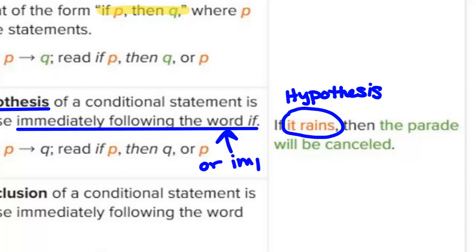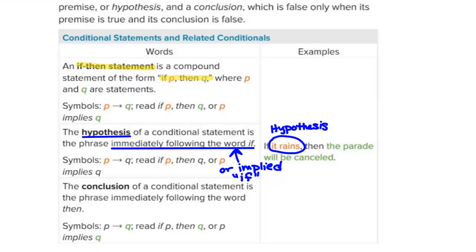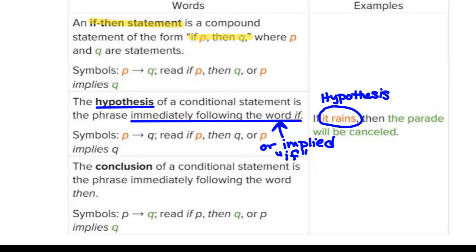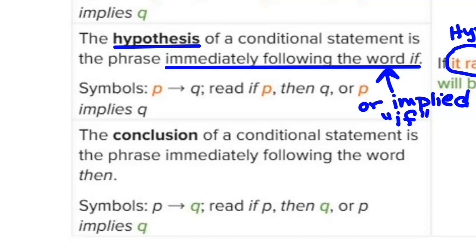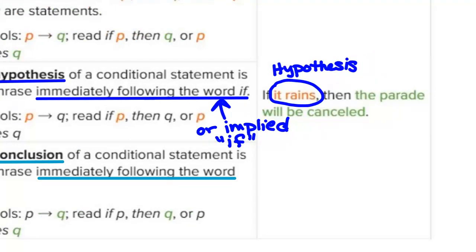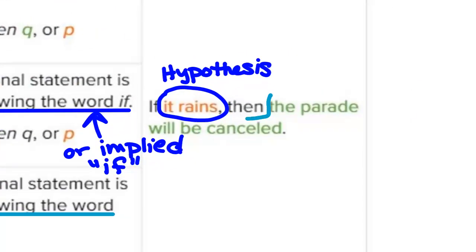Or it can be an implied if. And then we have the conclusion. The conclusion is the part that immediately follows the word then. So in this example over here, then the parade will be canceled.